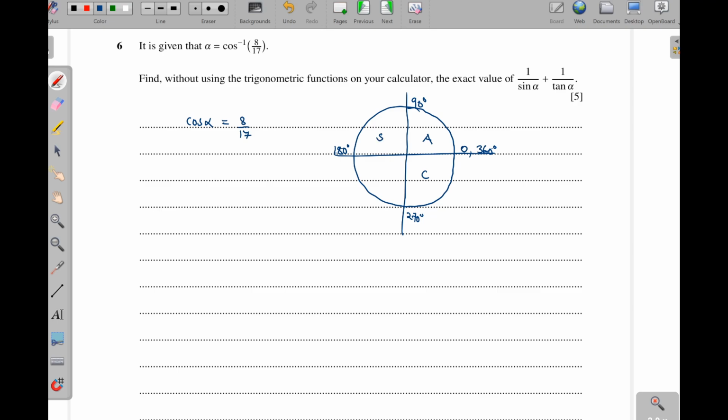Now, of course, here we have S and then T. Now, I'm going to draw a triangle in either the first quadrant or the fourth quadrant, okay? But I'm going to use the first quadrant here. So I'll draw this one here. In fact, before that, let me take away this A here.